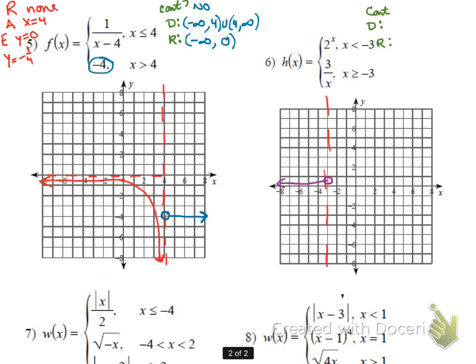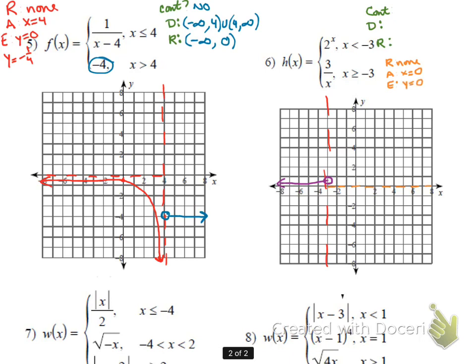Now the bottom one, which is going to be to the right of -3 because it's greater than or equal to -3, is another rational function. So let's go ahead and do our RATE. R, none. A, it's actually x equals 0, T is none. E, end behavior, well it's bigger on bottom, so it's y equals 0.